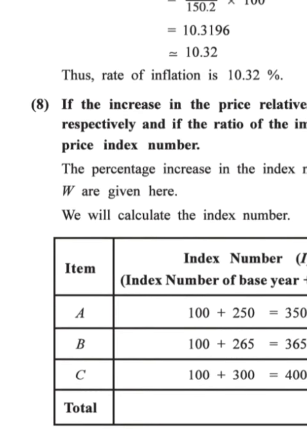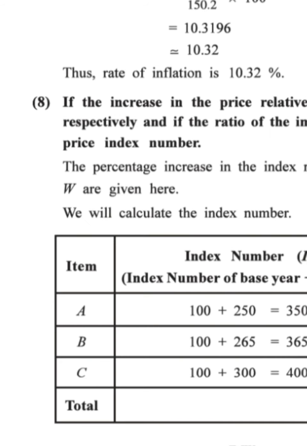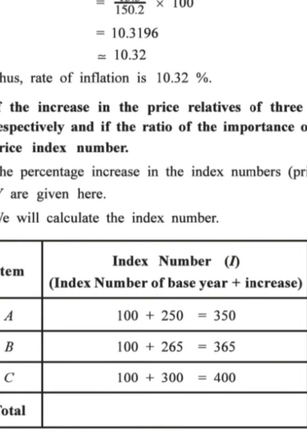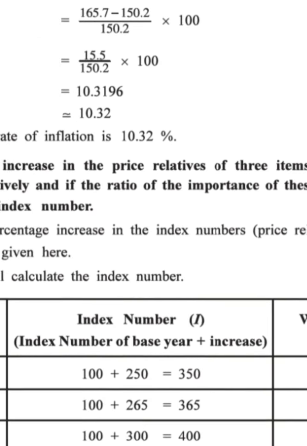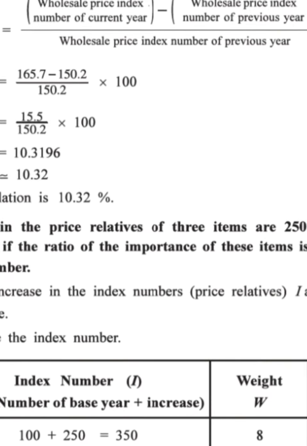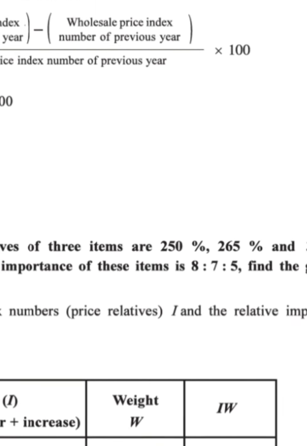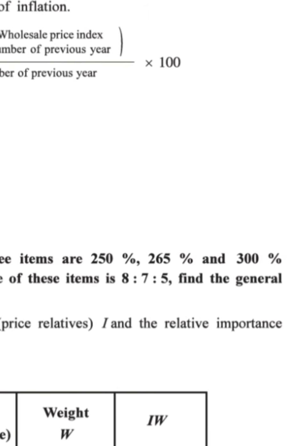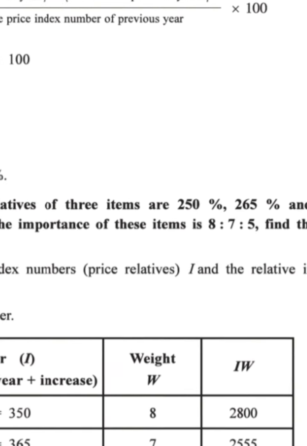Children, over here there are three items, so we have taken A, B and C. They have given us the rise in percentage, as the index number for the base year has not been given. Again we are going to take it as 100, and you would find for these three items the price relatives have increased by 250%, 265% and 300% respectively.